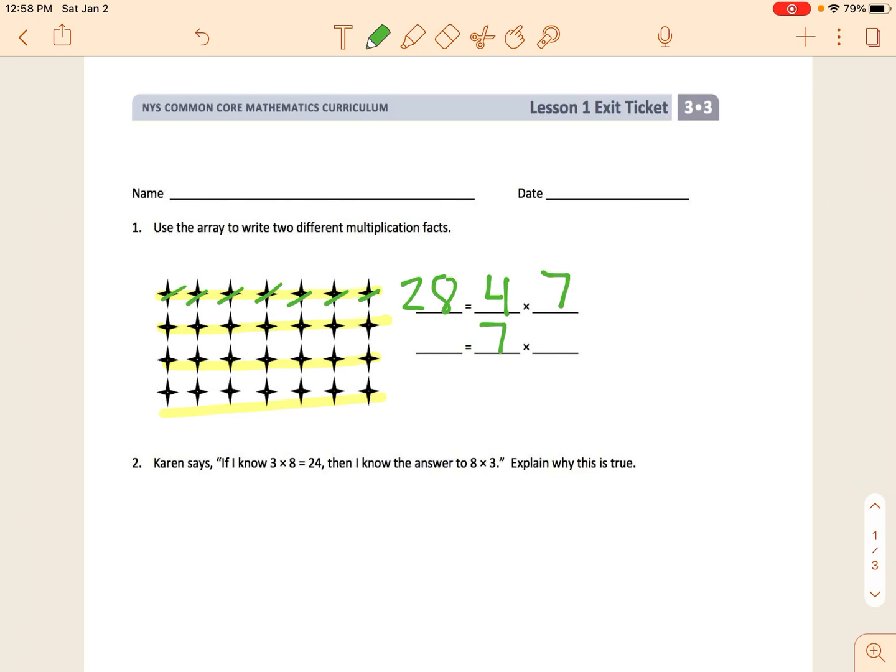And then 7 times 4 is 28. I want you to pay special attention to where the equal sign is. Notice my answer was in front because the equal sign was first. So make sure you're reading well tomorrow when you do your quiz.